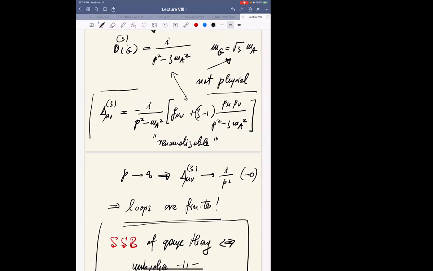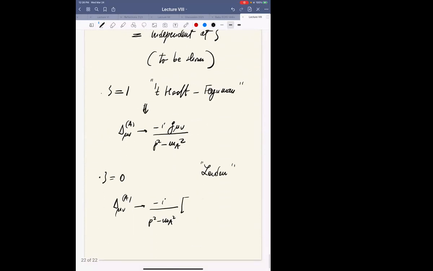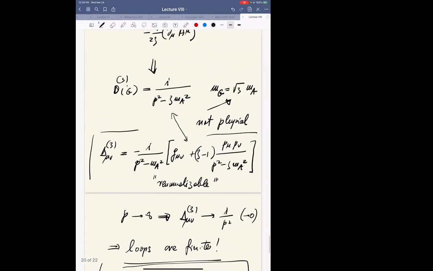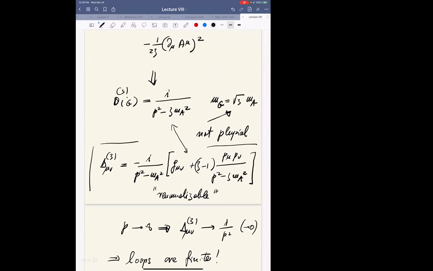Notice, oh, I don't like the sign. Oh, no, it's good. Psi equals 0. There is a minus sign, precisely as in Landau. I'm sorry, it's good. g mu nu minus p mu p nu over p squared. Looks like Landau. I mean, it's not fair. Landau would work with MA equals 0, but he has this transverse property. Notice, please, psi equals 0. MA disappears, and I have a minus sign.